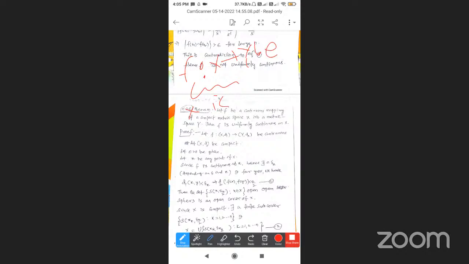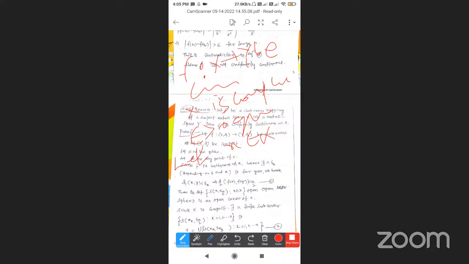X is compact. Let epsilon greater than 0 be given. Let x be any arbitrary point of X.